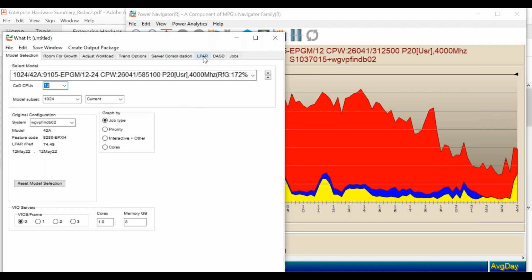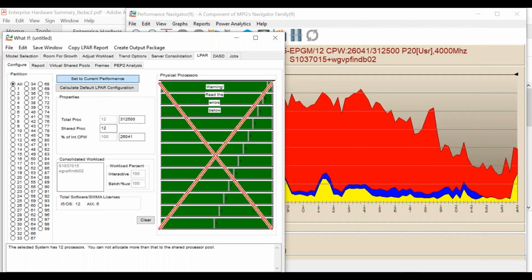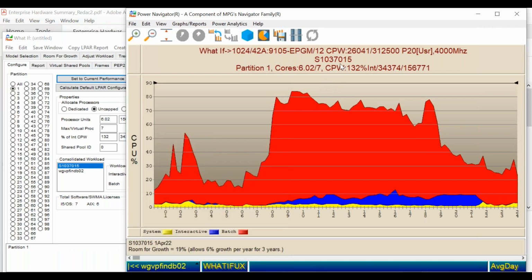So now I'm going to come over here to LPAR and I'm going to say, give me the same performance, right? So again, now the target is different. I'm just going to say on a Power 10, tell me what the equivalent is. And remember, this one was 14 to get the same performance, which is like 85% busy. We needed 6.02.